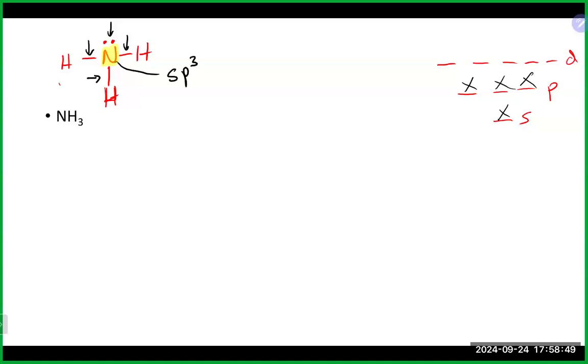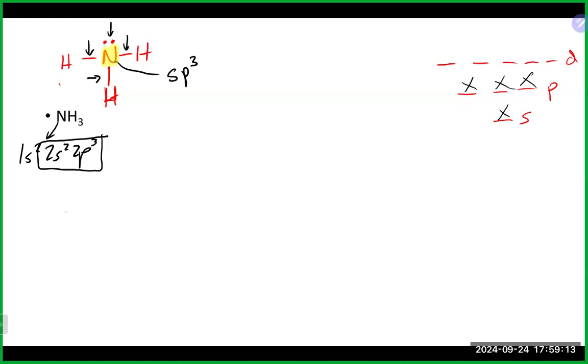Knowing that, we could look at nitrogen, which has an electron configuration of 1s2, 2s2, 2p3. Nitrogen has 5 valence electrons. So what's going to happen in the case of NH3 is we know it's going to hybridize through sp3 hybridization.